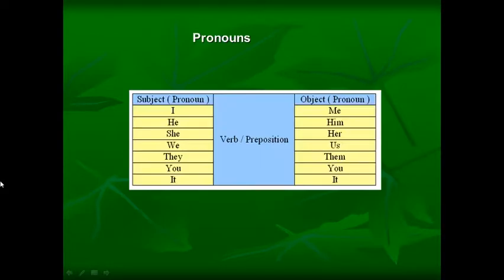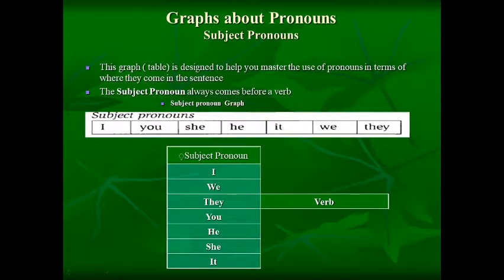Refresher here. You guys see, subject pronouns: I, he, she, we, they, you, it, and then you use either a verb or a preposition and an object pronoun as well. So either me, him, her, us, them, you, it. And we took a whole unit on this, okay? So you guys should be remembering this. This table is designed for that, you guys remember this, right? Subject pronouns come before the verb or the preposition: I, we, they, you, he, she, it.